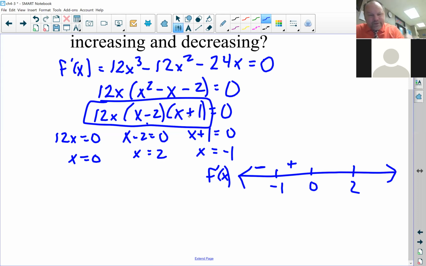So a positive times a negative times a positive, that's going to give me an answer that's negative. And last, pick a value greater than 2, like pi or 3, either way. And when I plug that value in, I get a factor that's positive, positive, positive.